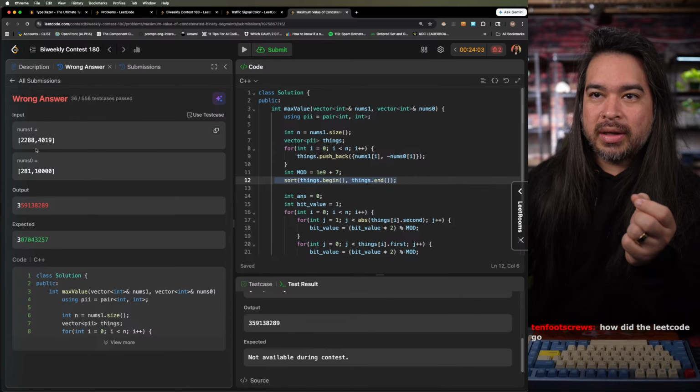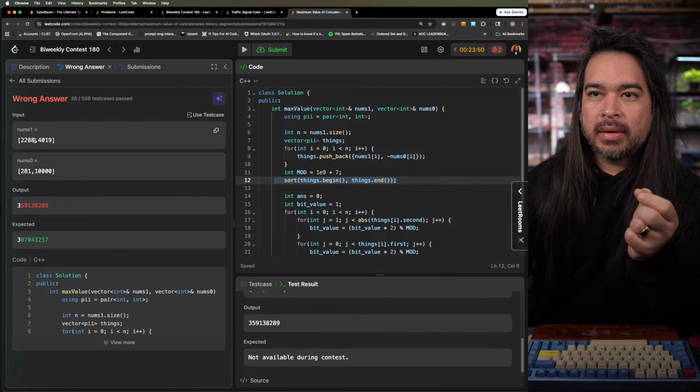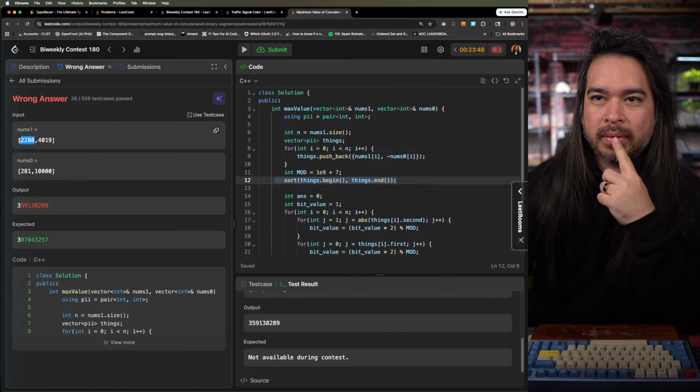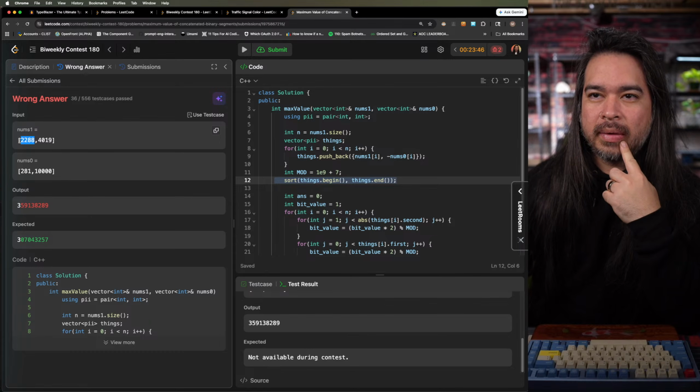Oh yeah, that's what we gotta check. We gotta check which one is gonna be bigger. This value. Wait. This value plus those zeros.